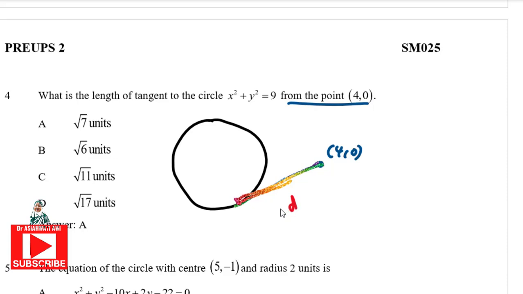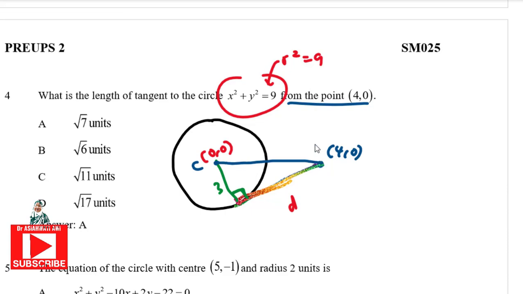And now, the length of the tangent is, okay, here we consider the center 0, 0, and r squared is equal to 9. Okay, r is equal to 3. The tangent forms 90 degrees. So now we're going to find D. Find this one first. From the center, let's say this is point A. We find the distance CA, that is 4.